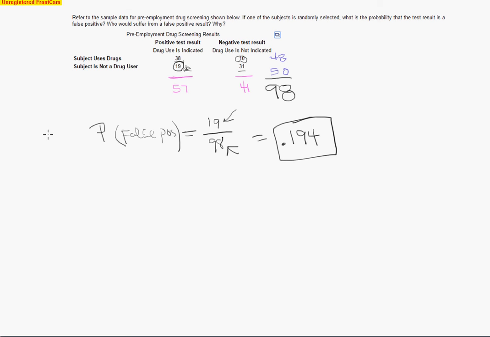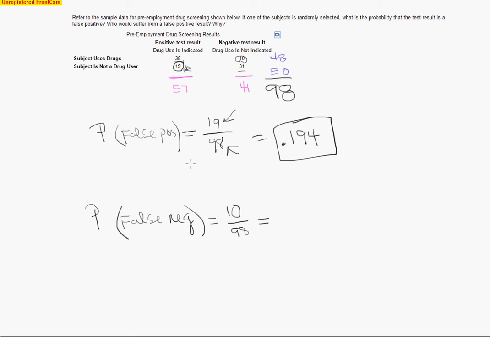We could do another one, and for example, who had a false negative? Well, in that case, it would be the 10 people who tested negative, but in fact are drug users, out of a possible 98 again.